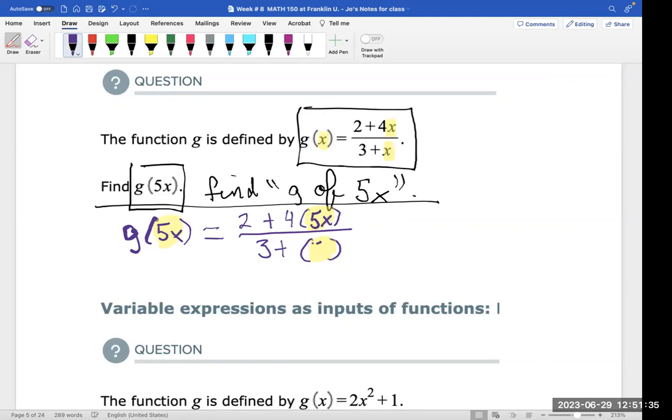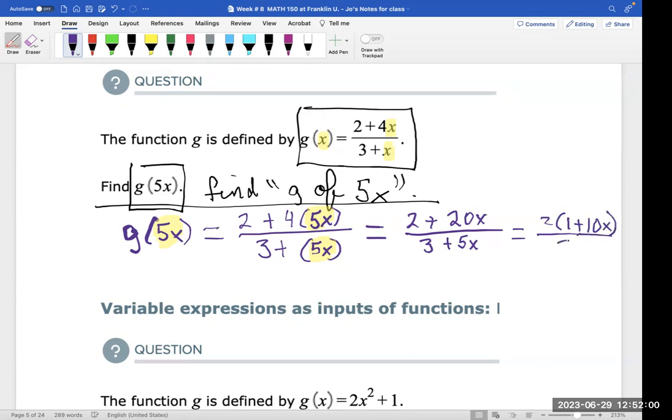Here is what my function G is going to do when we give it 5x. It's going to become 2 plus 4 times 5 times x. 4 times 5 is 20, and 3 plus 5x is... Now, after the last few weeks, I hope that you want to factor, and that numerator can be 2 times the quantity 1 plus 10x.